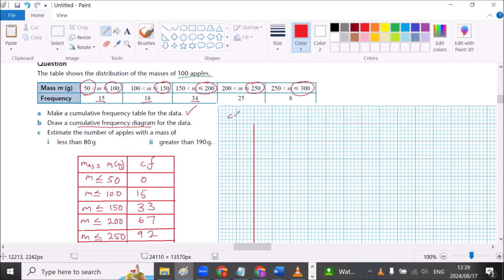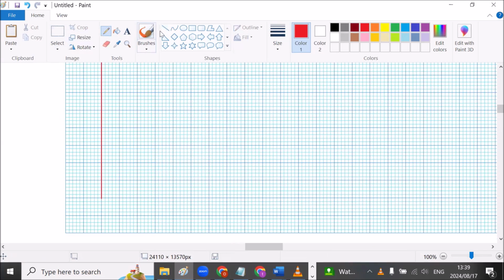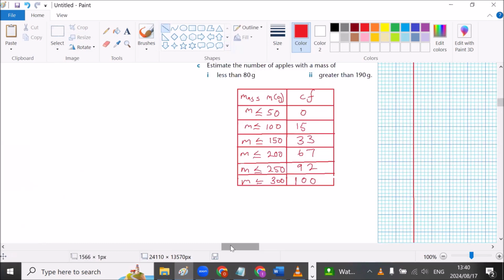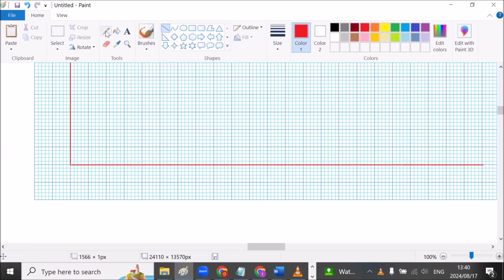And on the horizontal axis, we have the other piece of data. So we check out the scale we may use. Our mass is ranging from 50 to 300. So we may have the horizontal scale as 0, 100, 200, 300, and 400.